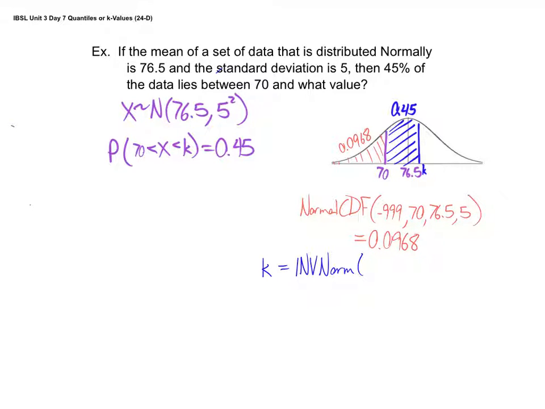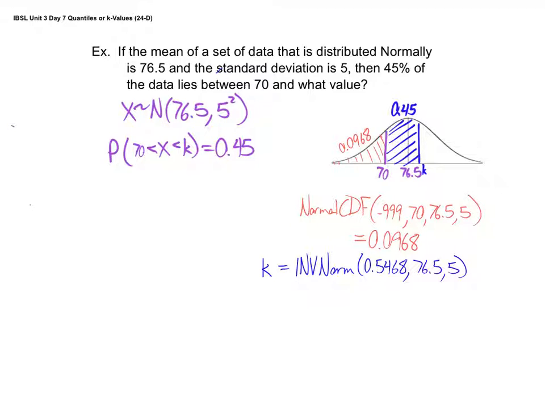The sum of those, the 45% plus the 9.68%. So we've got 0.5468. And then of course with the mean and the standard deviation.